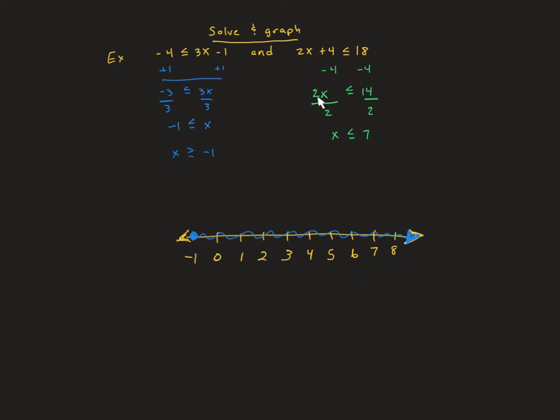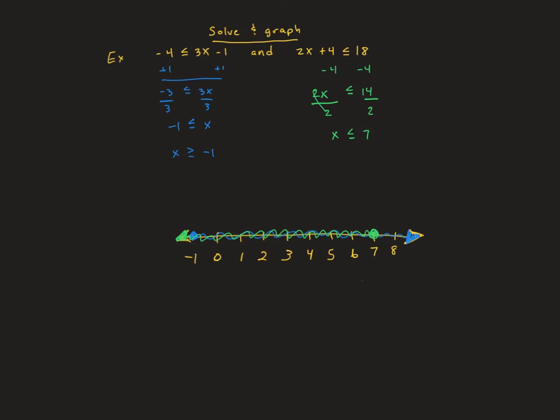Then I have 2x is less than or equal to 14. Divide both sides by the coefficient because I want to get my x by itself. That becomes 1, and so I end up with x is less than or equal to 7. So I have 7, again less than or equal to, so it's a closed circle, and less than. So there is my graph.